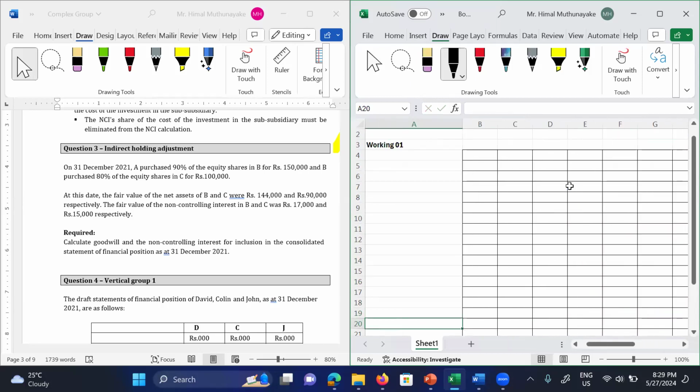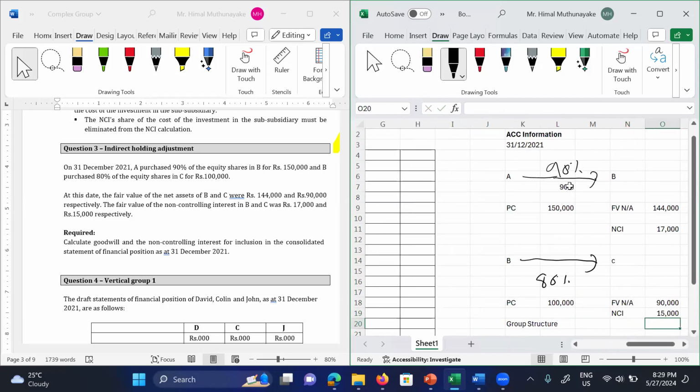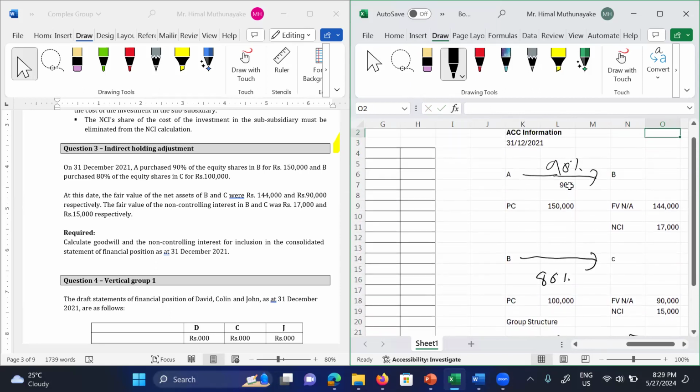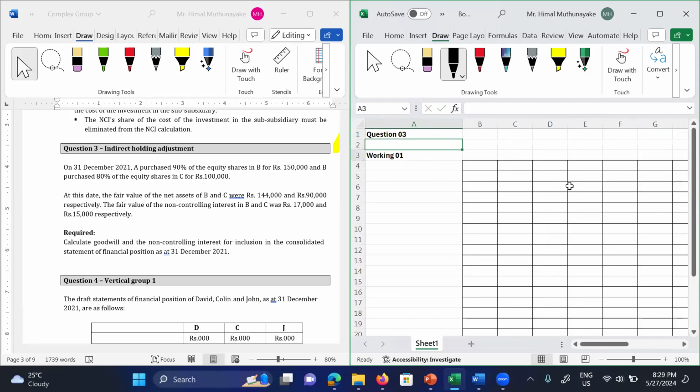Now, all the information in the question I have documented to one page. All the information is there. So now we have to work on the question.